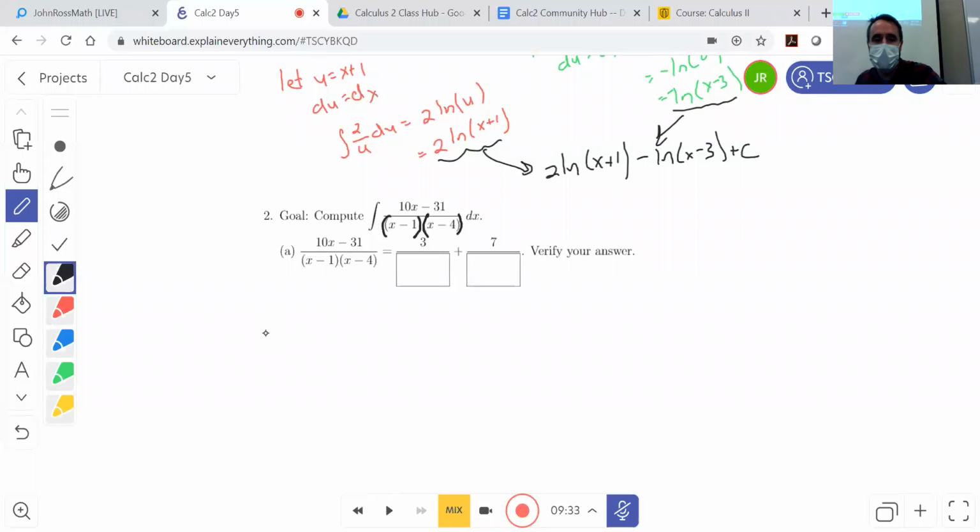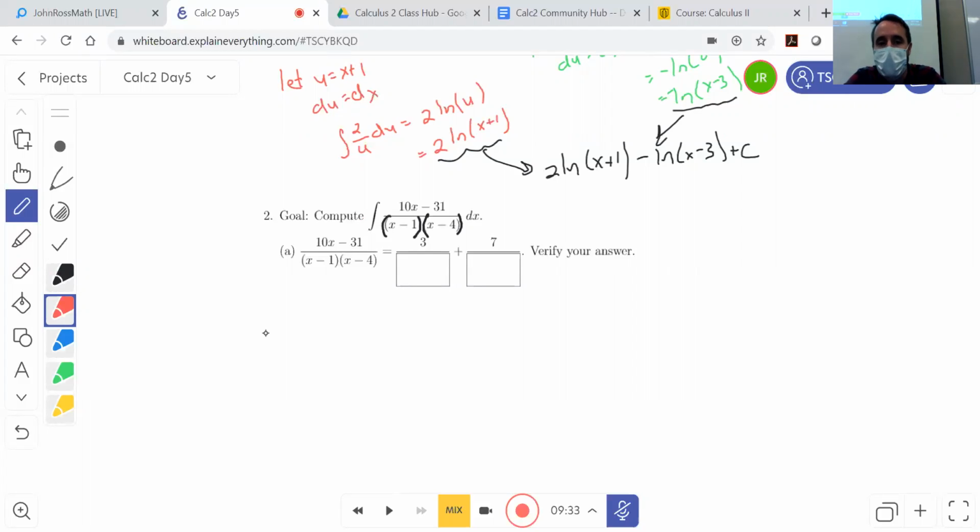And we can simplify this integral if we're able to break it up into something over x minus 1 plus something over x minus 4. And again, like that earlier problem, the numerators are already given to us, this number 3 and this number 7. So we simply have to figure out which of those pieces goes in which of these boxes.